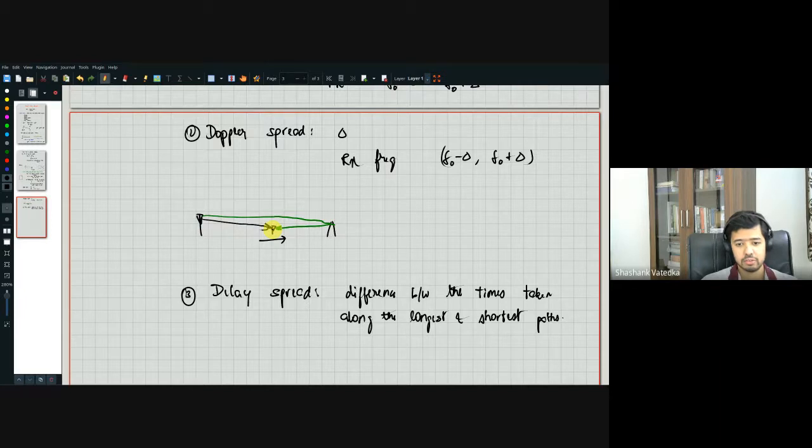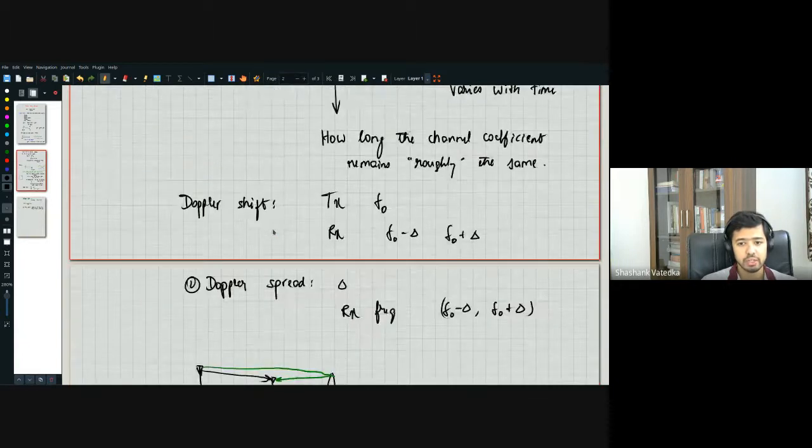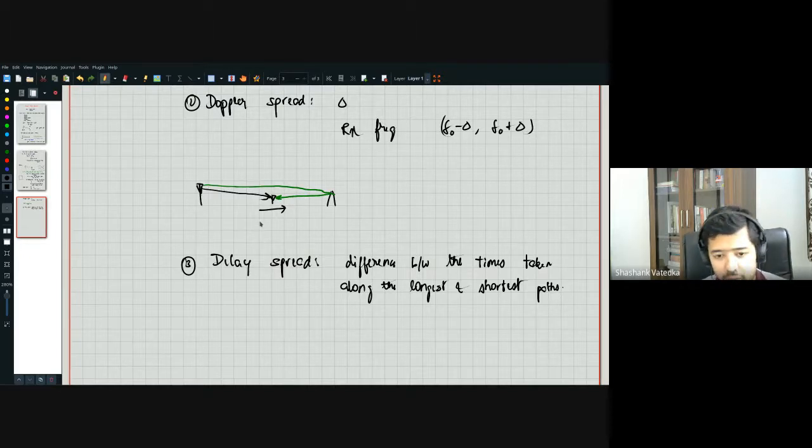Right? So depending on how large or how small each of these parameters are, the nature of the channel is different, right? And that leads us to our categorization of various fading channels. All right.